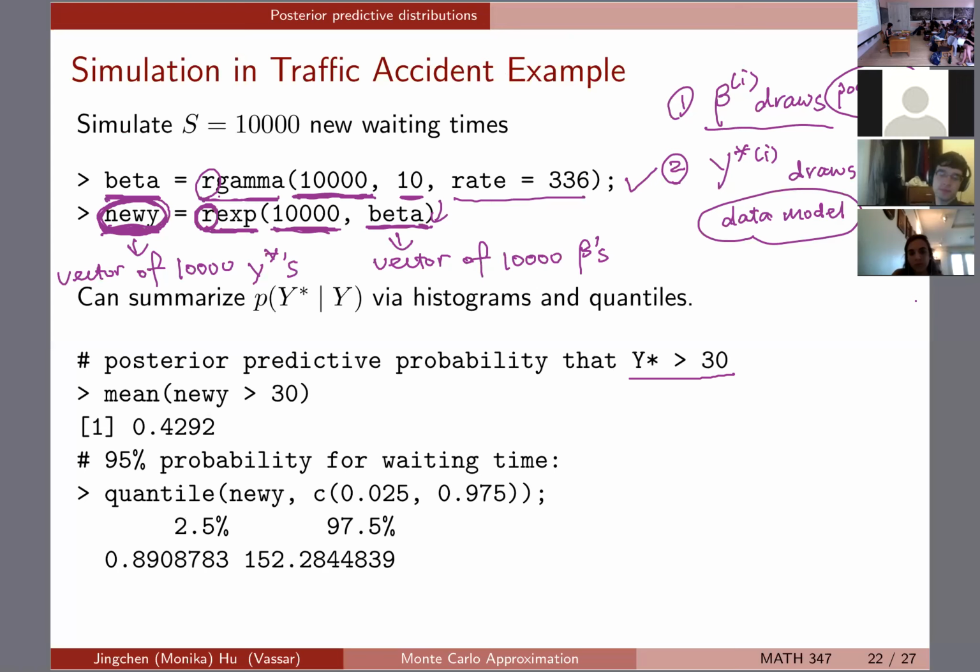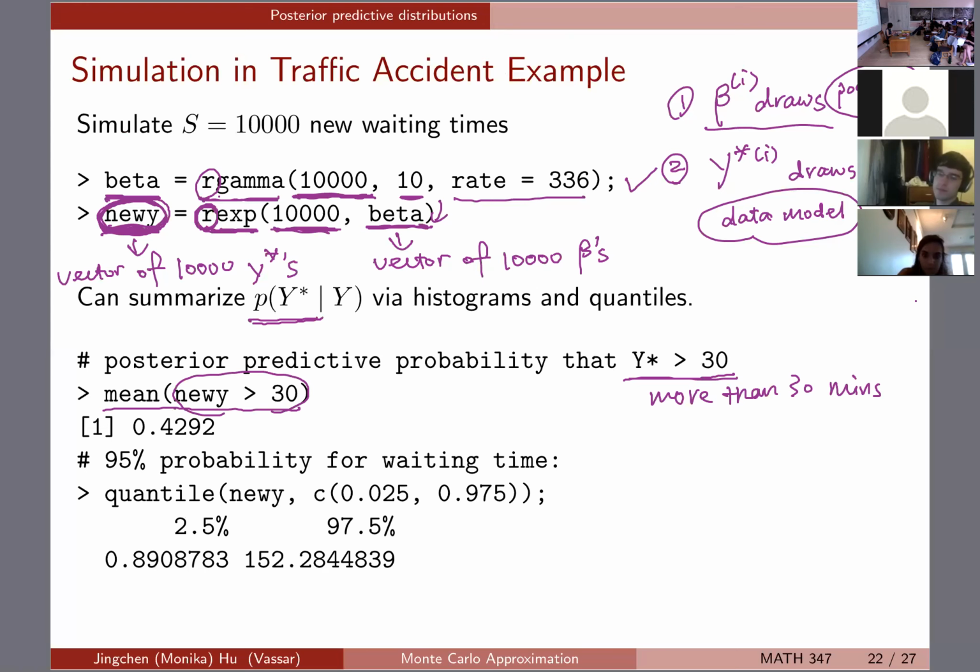Because now I have 10,000 different y stars, which are the time lapses between accidents, right? If I have 10,000 of them already, and I'm curious about more than 30 minutes, then I can return it using this mean and a logical operator over here, right?